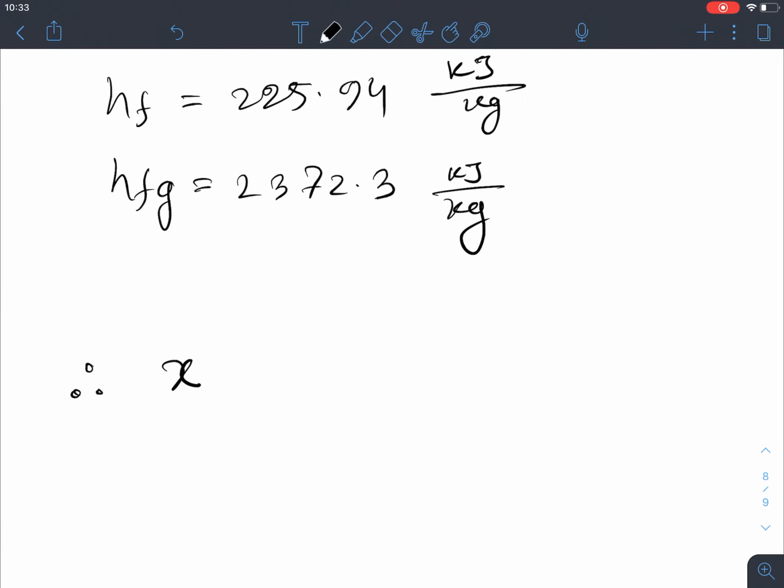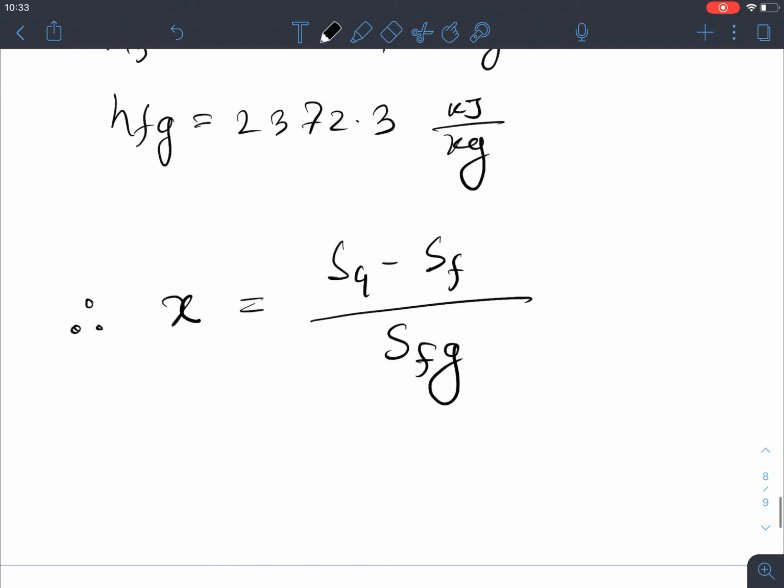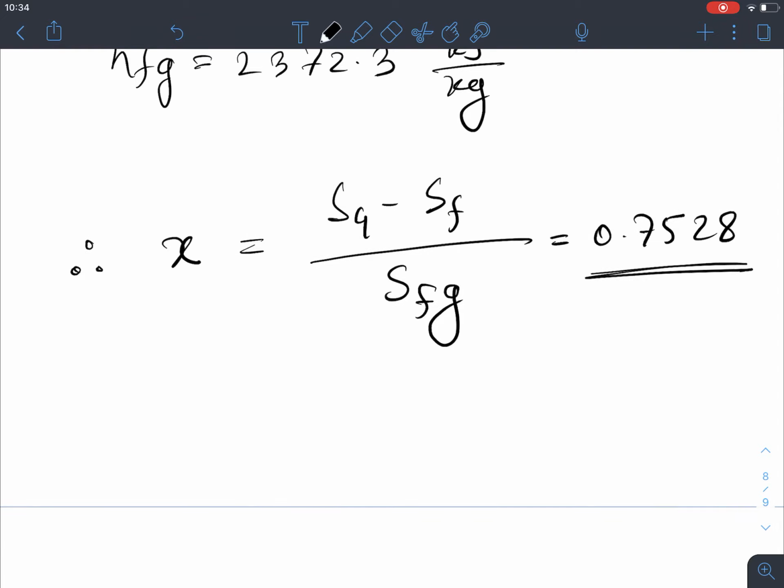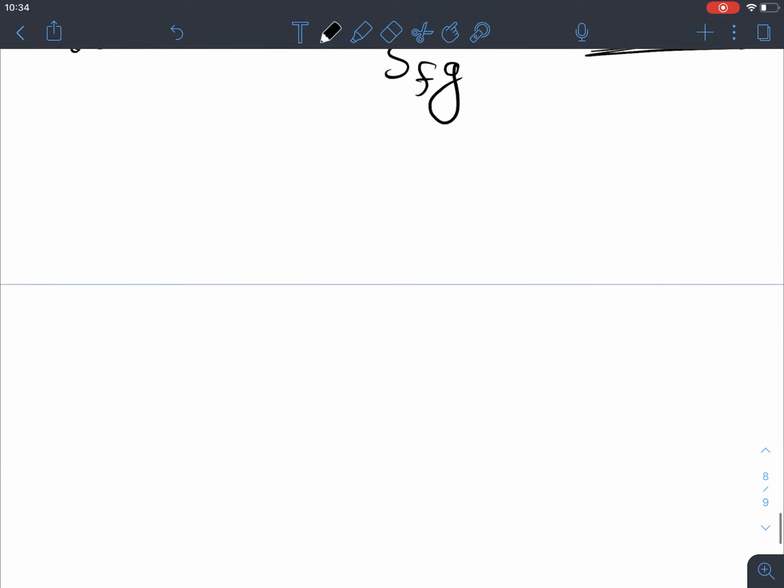Now for the quality of the steam, we know the X formula is S4 minus sf divided by sfg. If we plug in all this information, it will be 0.7528. This would be the steam quality. So for this steam quality, what would be the H4?